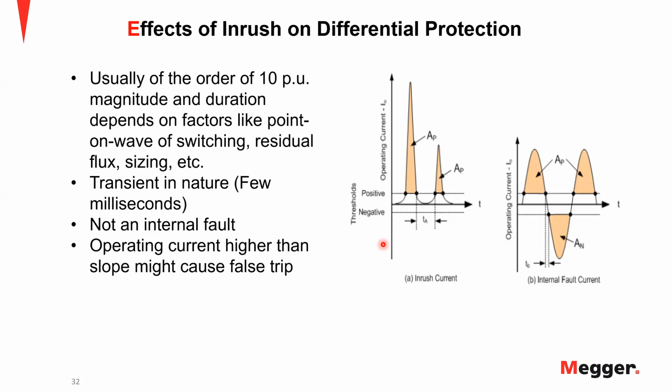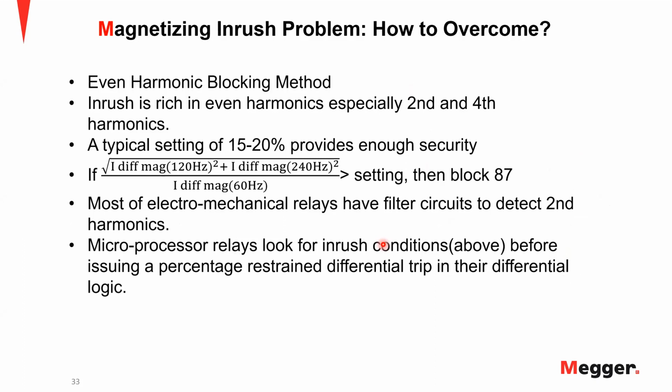So let us see how we can overcome this challenge and tell the differential relay that when we energize a transformer, it's not supposed to be tripping on differential, right? So when current waveforms during inrush were examined, it was discovered that these currents are rich in second and fourth harmonics. So relay designers came up with a method called harmonic restraint or harmonic blocking method. If I consider 15% as an example, I take my 15% of harmonic ratio with my fundamental waveform.